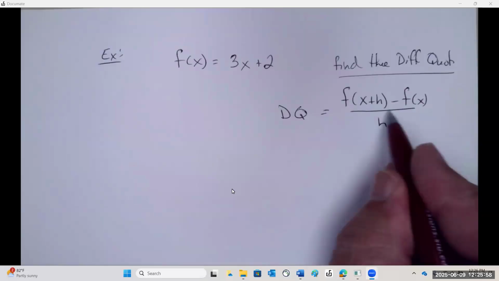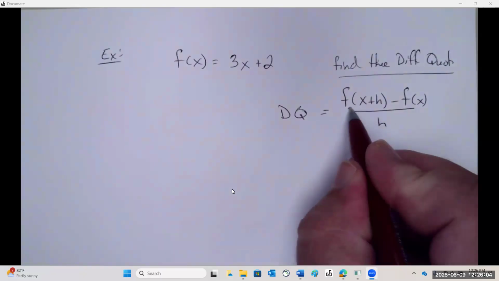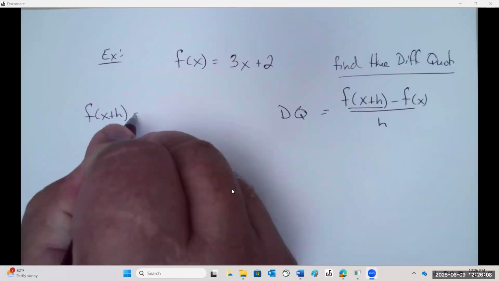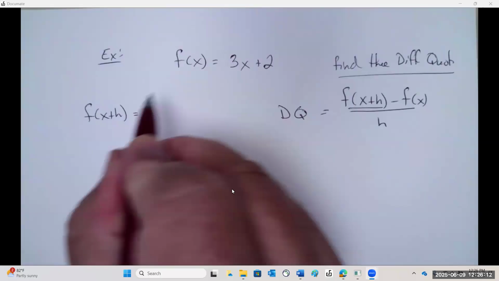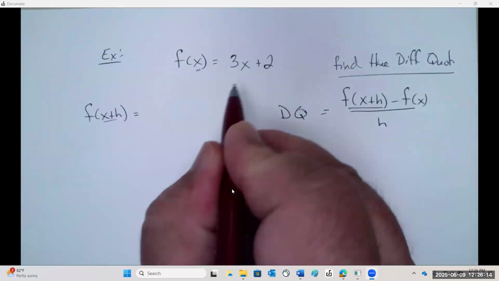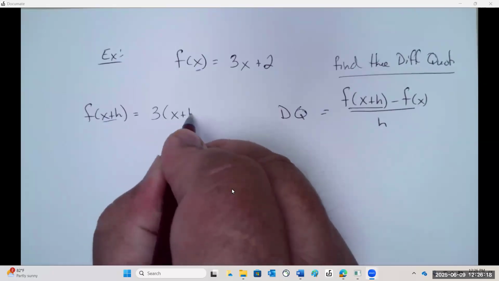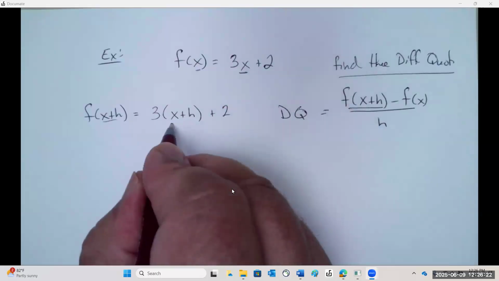So in order to use the difference quotient, what do we have to find first? Yeah, we need to have an f of x plus h. We have f of x here. To find f of x plus h, anywhere we see an x, we put an x plus h.